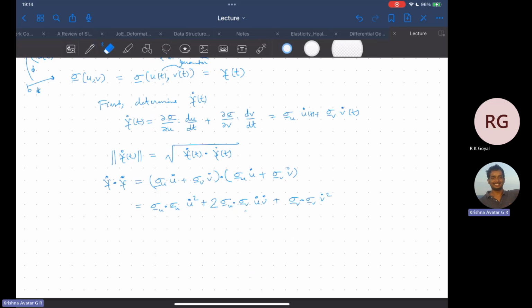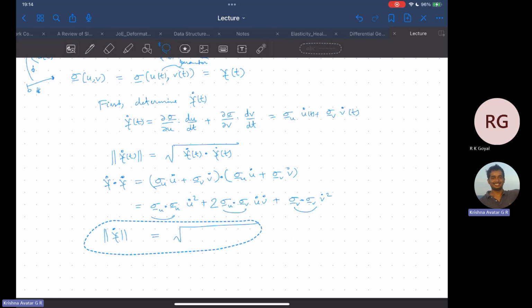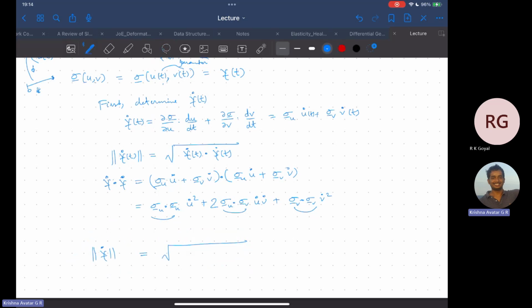All that we have to do is, these are all scalars now. They have all become scalars. Now we can take the norm of this. The norm will be just the square root of this quantity. Now for simplicity, let's rename these quantities.